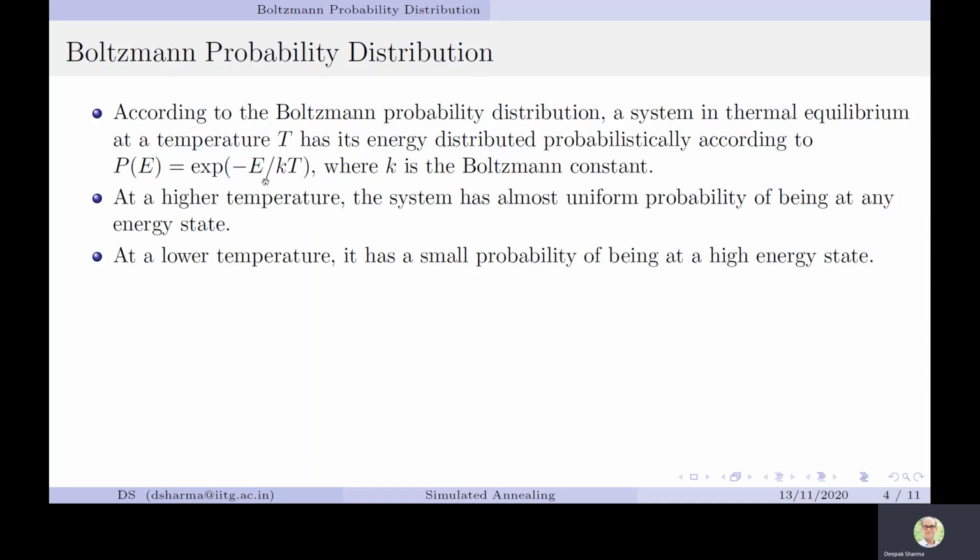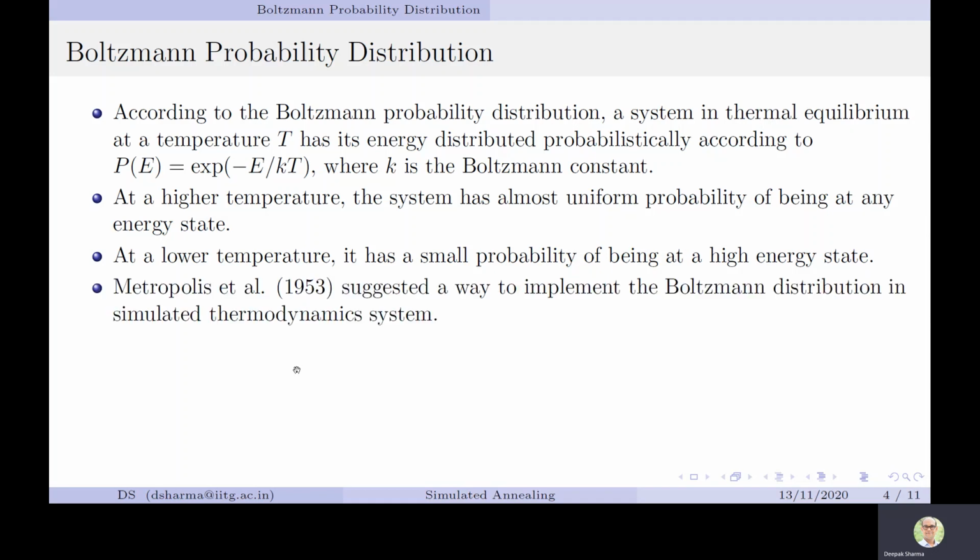If we look at this equation, if T is high, this probability will be very close to 1. This means that the system has almost uniform probability of being at any state. But when we reduce the value of T, it has a smaller probability of being at a higher state. This concept we are going to use.